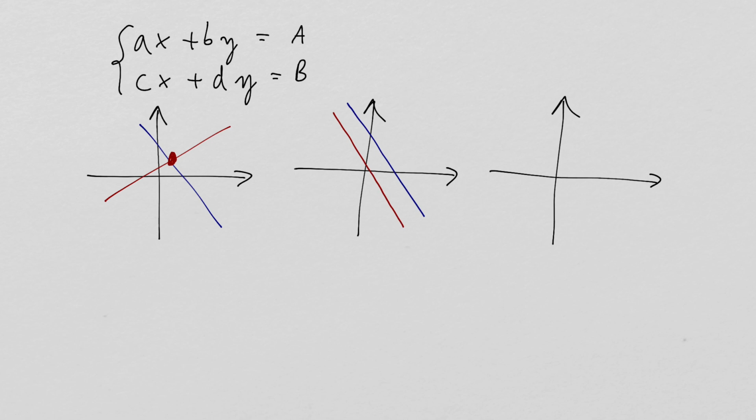In that case, they never meet and there are no solutions. It can also happen that the equations in the system are the same, so they correspond to the same line in the plane, and in that case there are infinitely many solutions.